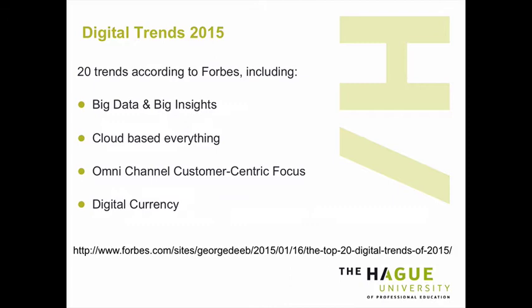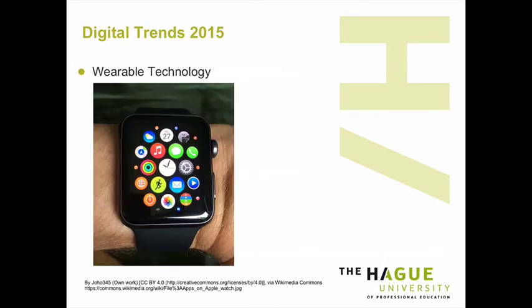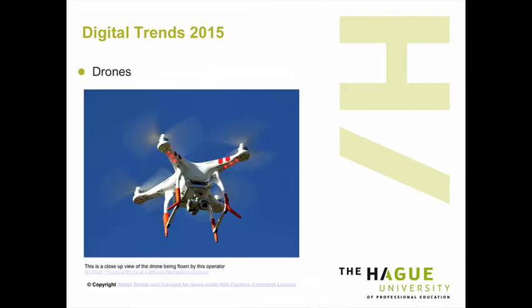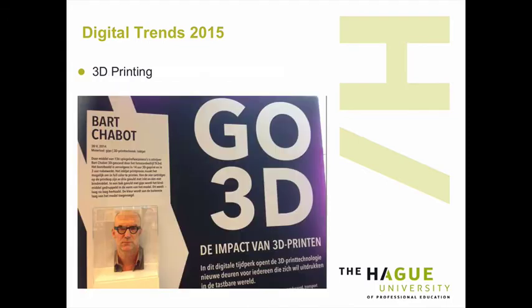Digital currency, things like Bitcoin. There's wearable technology coming out. So the Apple Watch launched in 2015. There's drones. There's some really cool stuff happening with drones and filming, recording all different types of videos and everything. There's 3D printing. There was a really neat exhibition late last year in the library, the Hague Central Library. This is a photo from that.